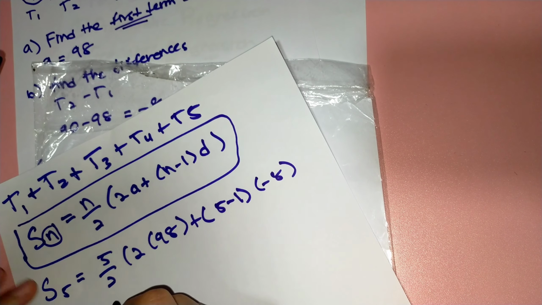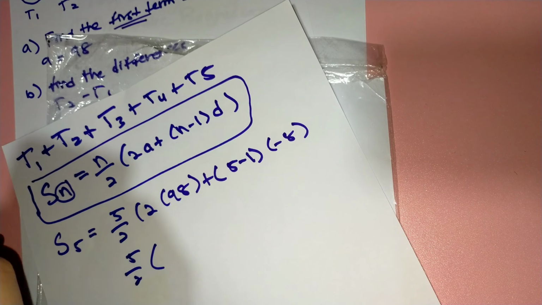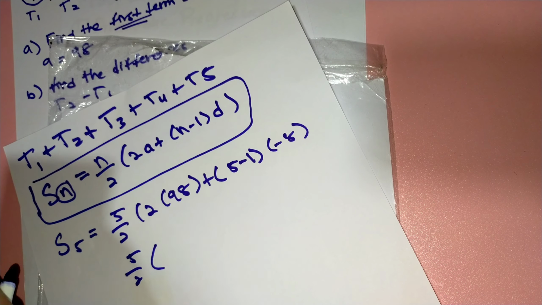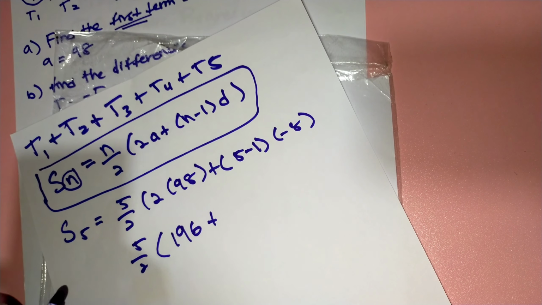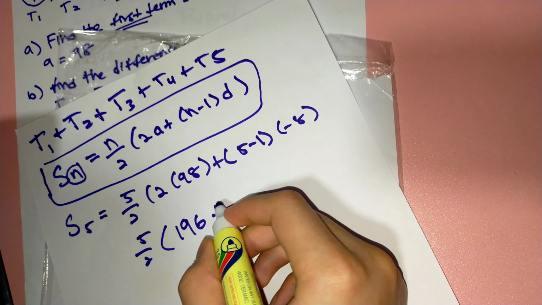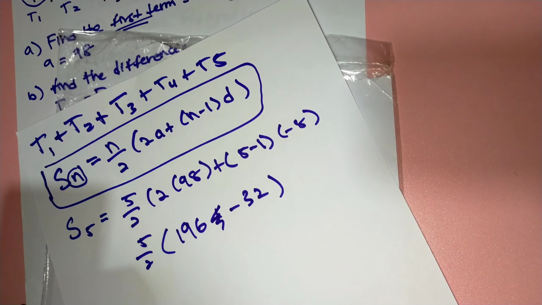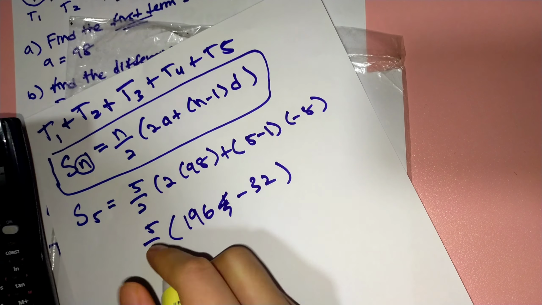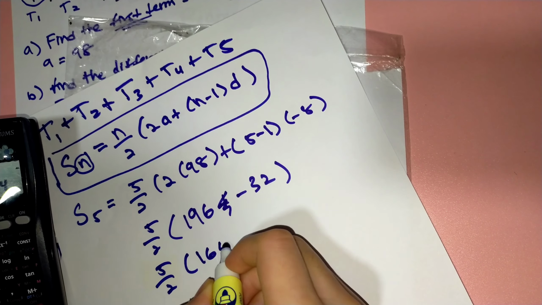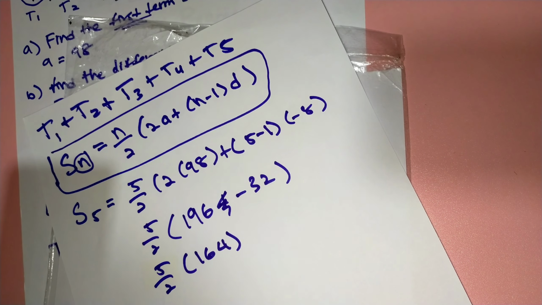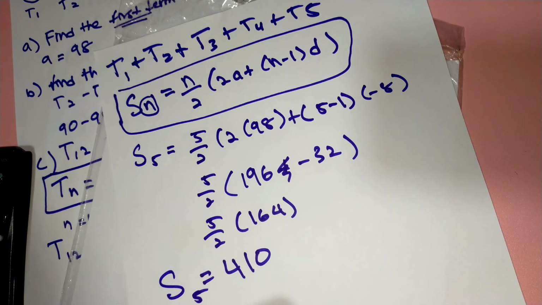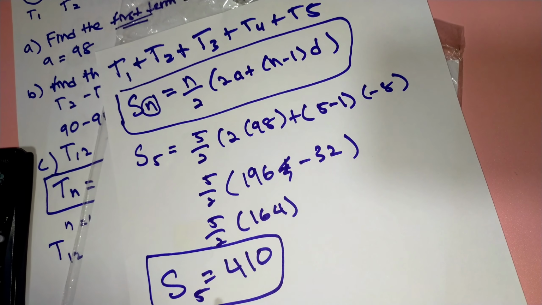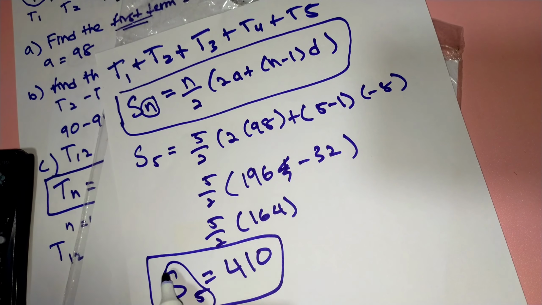Okay, so we just calculate it. We get the answer 410 for the sum of the first 5 terms.